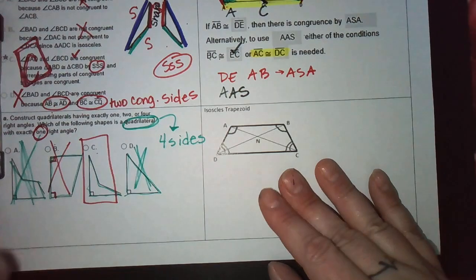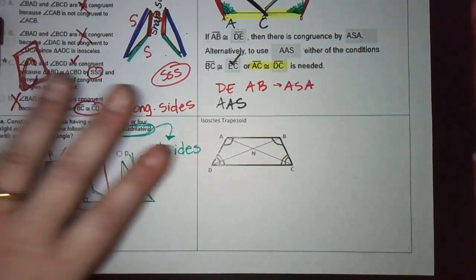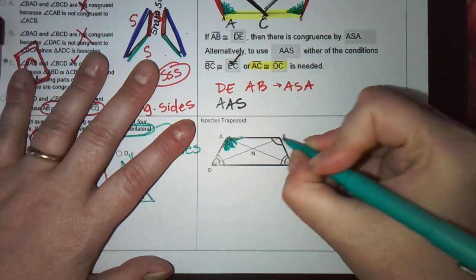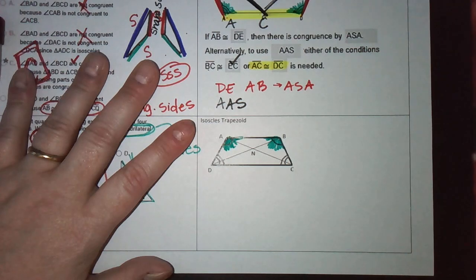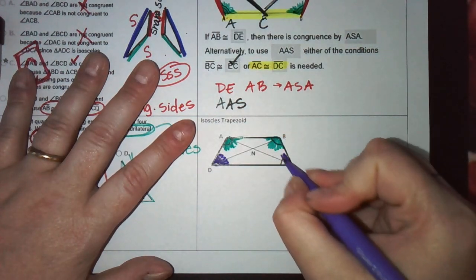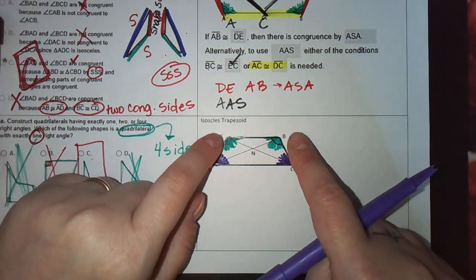Okay, on an isosceles trapezoid, the 2 angles at the top are congruent, and the 2 angles at the bottom are congruent. They're called base angles. So these bottom 2 are equal, these top 2 are equal. Okay, let's keep going.